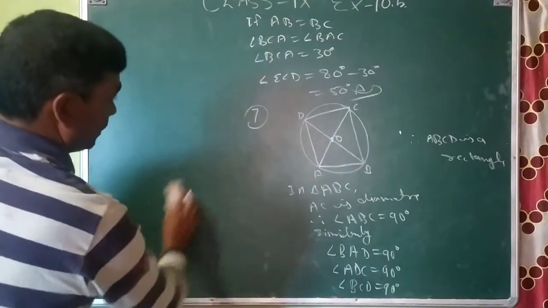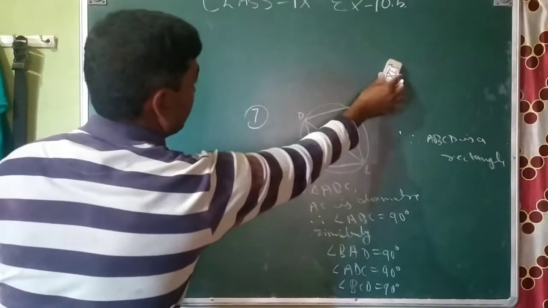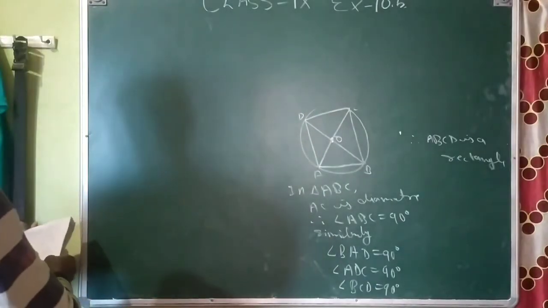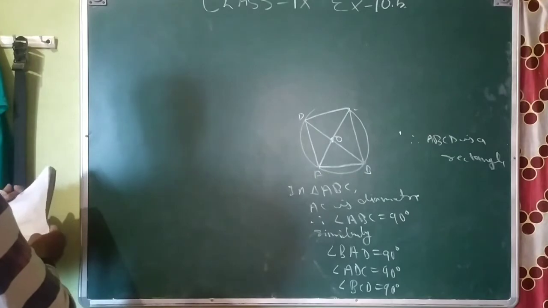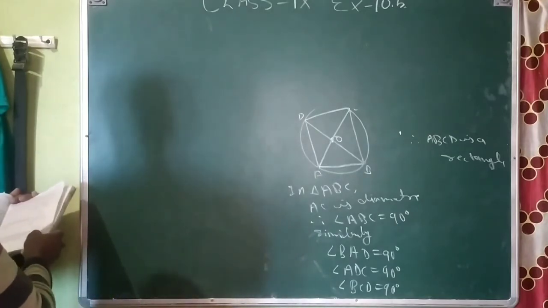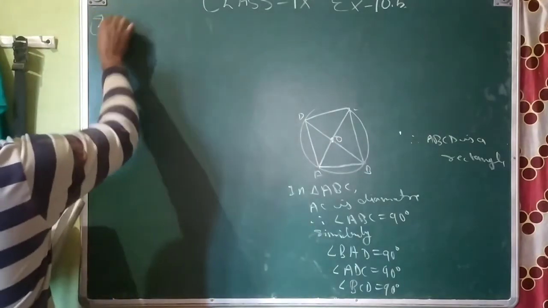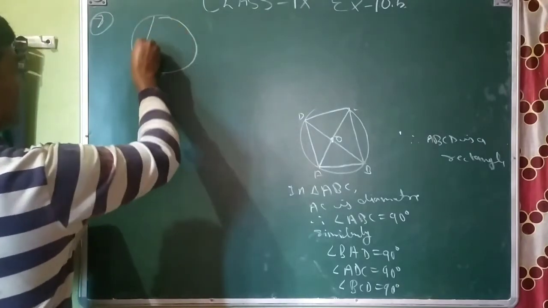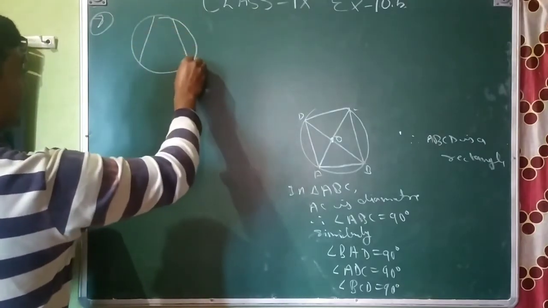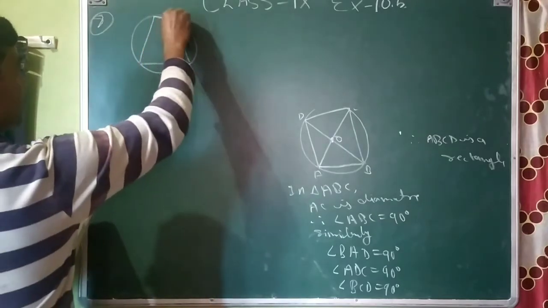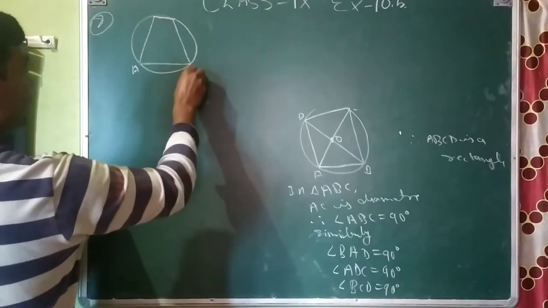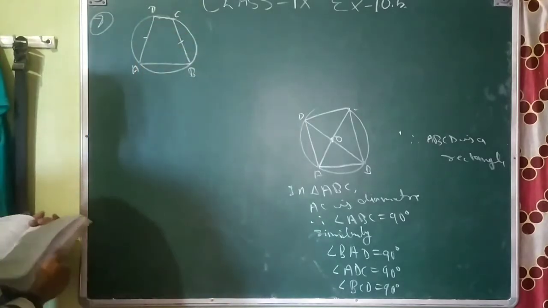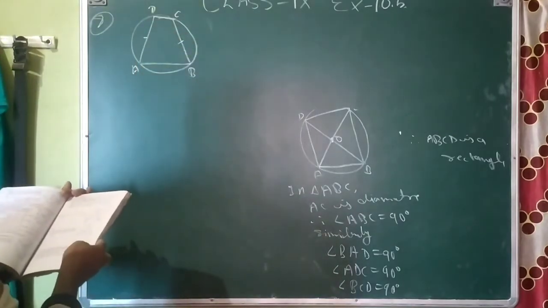The eighth question: if the non-parallel sides of a trapezium are equal, suppose this is A, B, C, D, and these lines are equal, prove that it is cyclic.